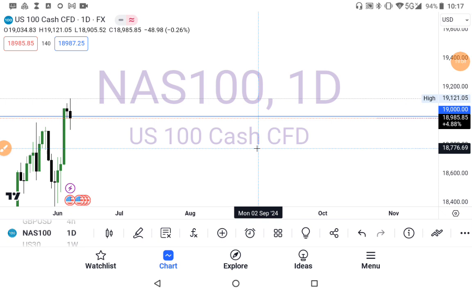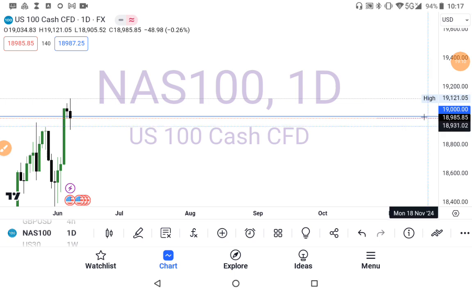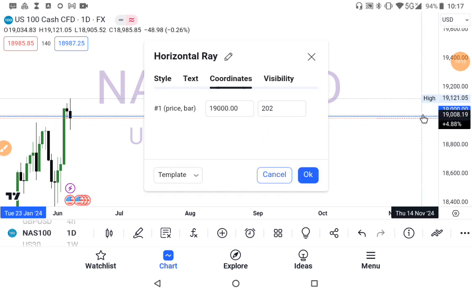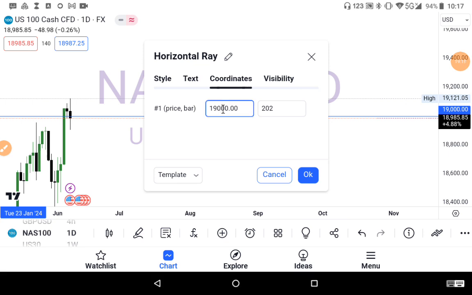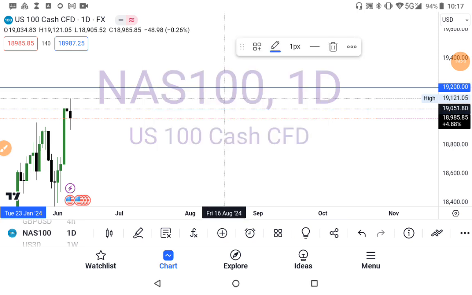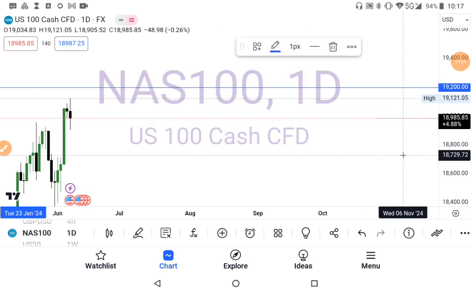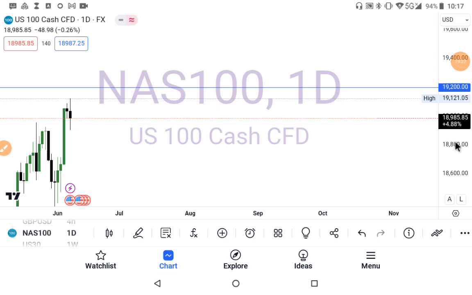If the market does not give me 19,200, my hands are tied. I will not go for any trade on Nasdaq. If by Tuesday or Wednesday the market does not visit 19,200, then I will have to sit still.